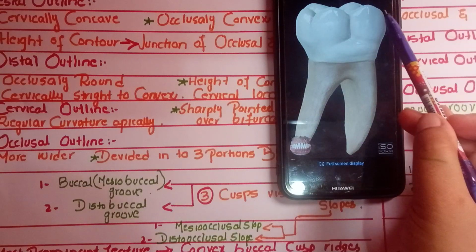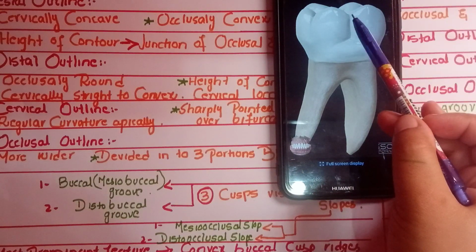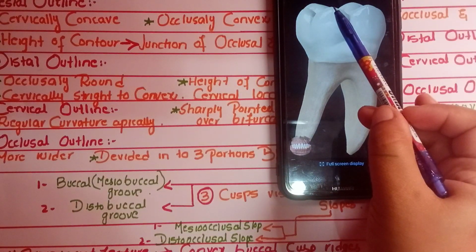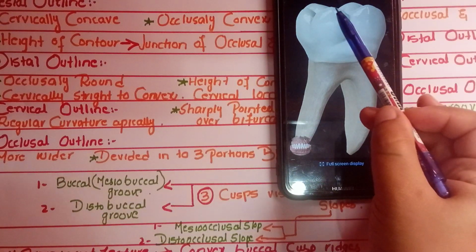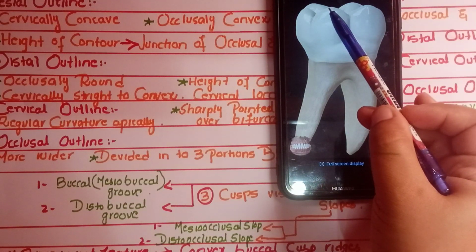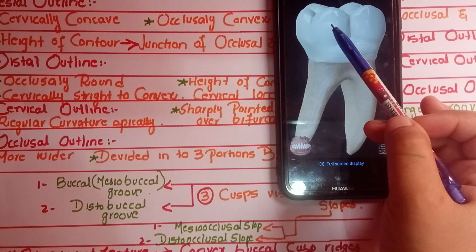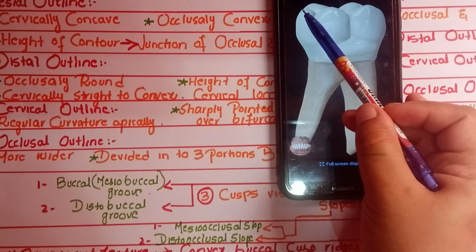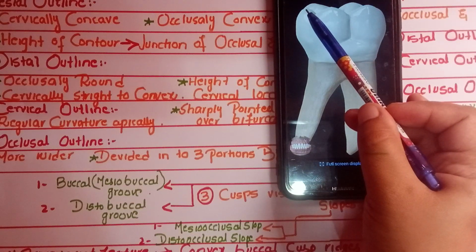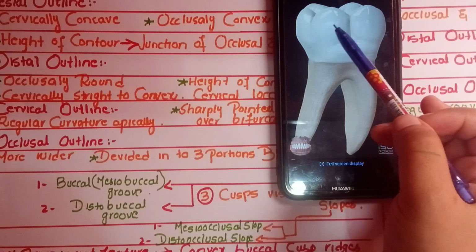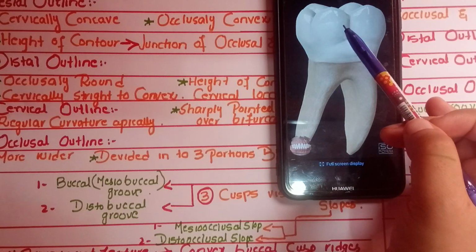This is the mesio-occlusal slope, and this is the disto-occlusal slope of the mesiobuccal cusp. This is the mesio-occlusal slope of the distobuccal cusp, and this is the disto-occlusal slope of this cusp. This is the mesio-occlusal slope of the distal cusp, and this is the disto-occlusal slope of the distal cusp. So there are two slopes for every cusp.